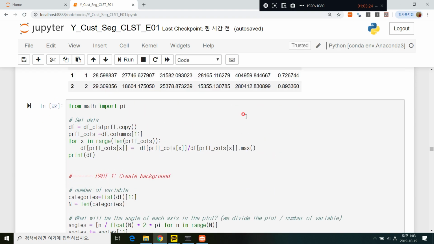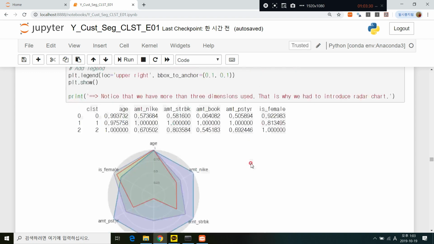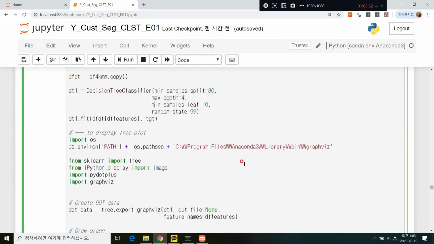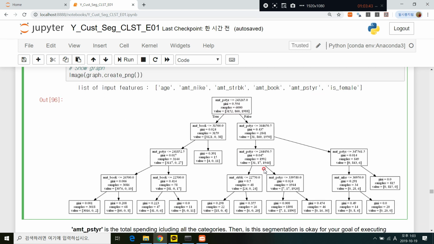This is the majority group, huh? What is the blue group?